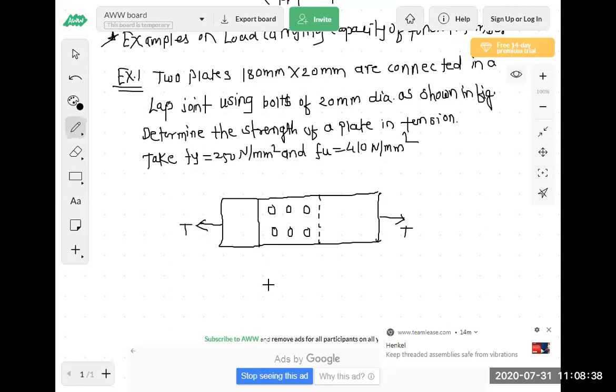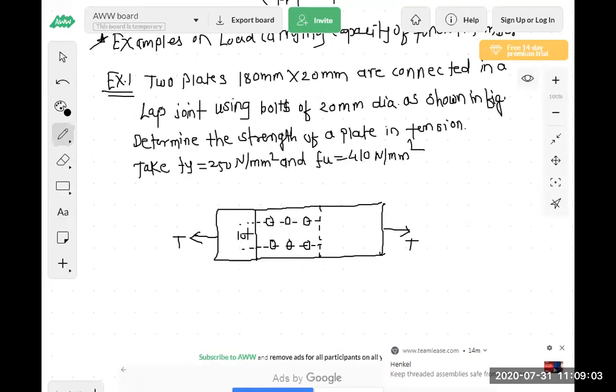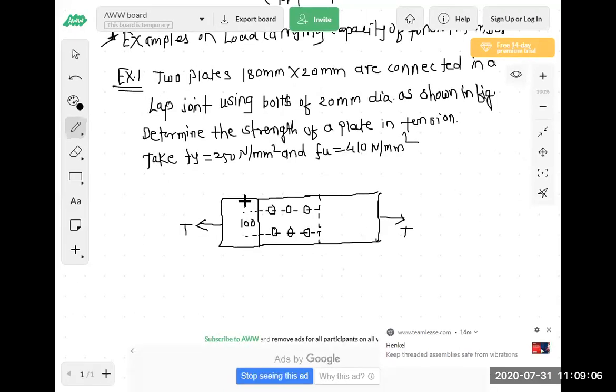These are the two plates connected. The bolts are given. Total 6 bolts are given. So this length is 100 mm. This is 40 mm, this is 40 mm they have given. And total width of the plate is 180 mm.